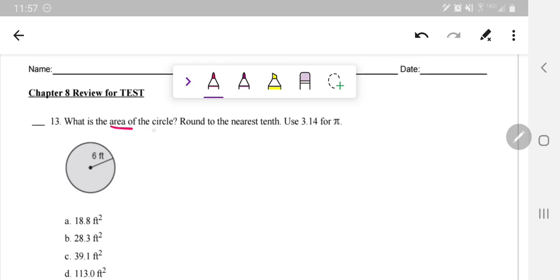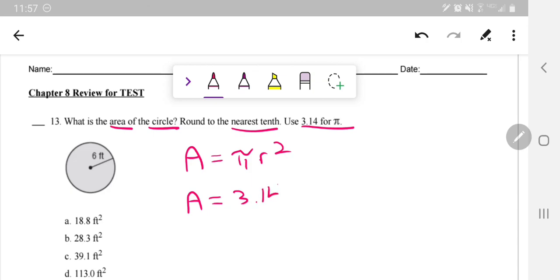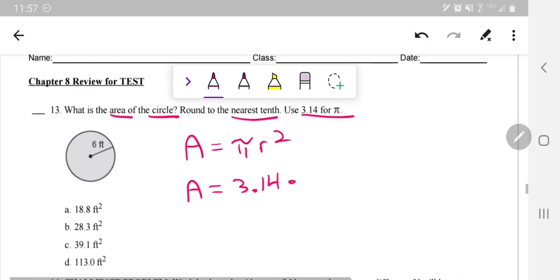13. What is the area of a circle? Nearest tenth, use 3.14. There we got all the important information. I know this one. It's pi r squared, and I am just going to use it and not refer to my reference sheet. Okay, that got me in trouble in one other video when I forgot the formula for the surface area of a pyramid, but I think I figured this one out.